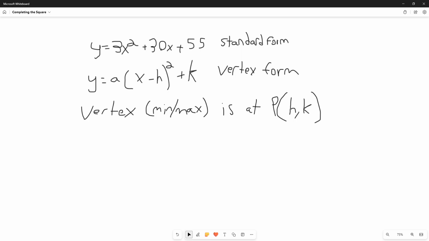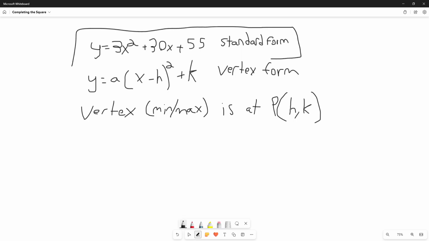If you look at the first equation at the top here, you don't get much information from it. You don't know where the vertex is, you don't know where the x-intercepts are, so you don't get a lot by just looking at it.